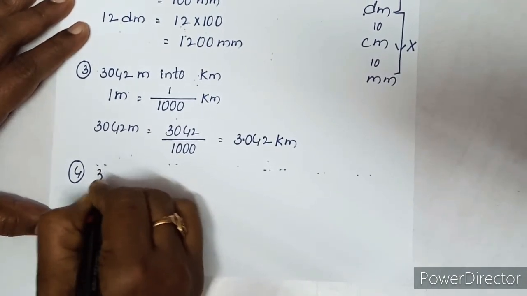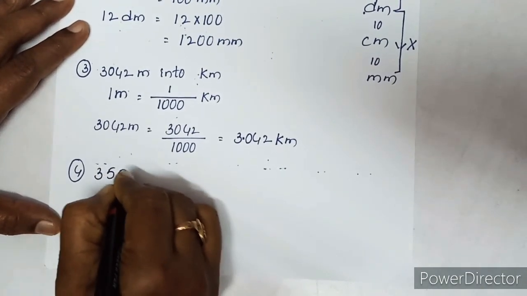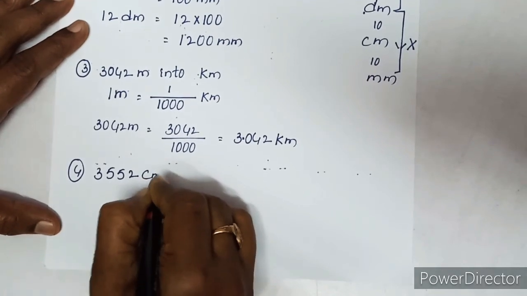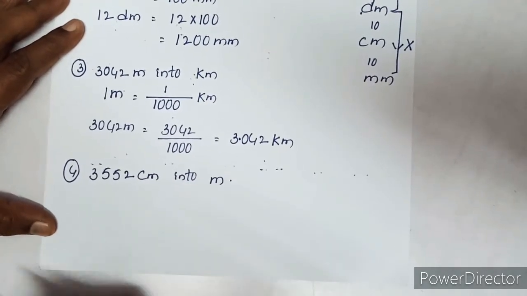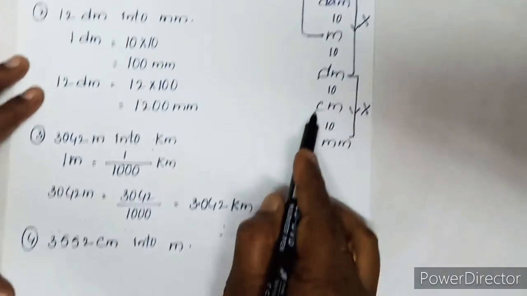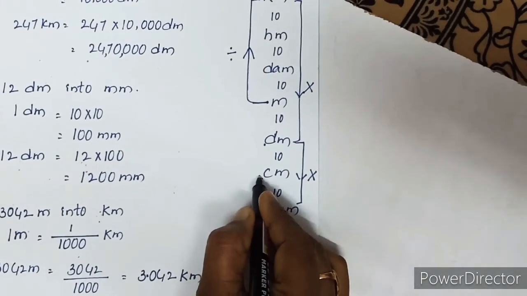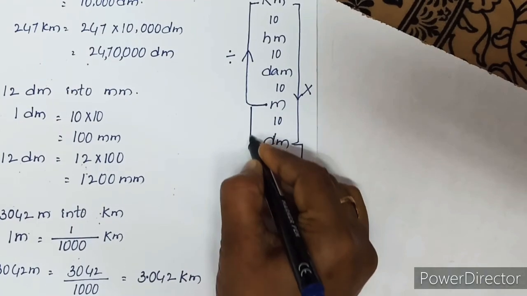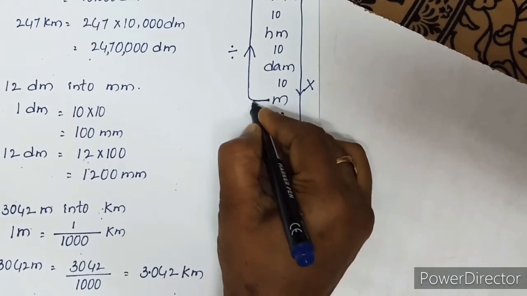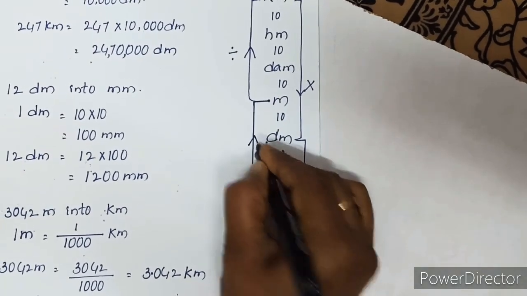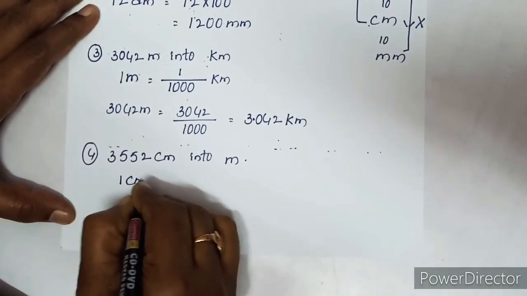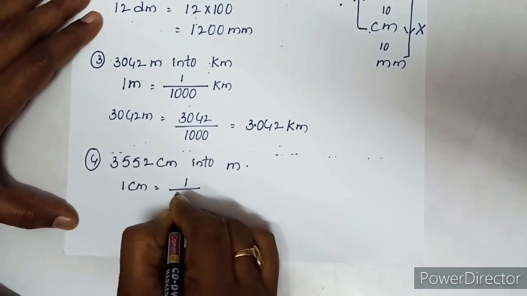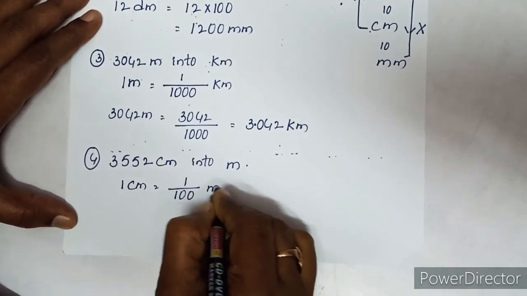Now one more example, just see. Convert 3552 centimeters into meters. Now where is centimeter? Where is meter? See in this order, centimeter is here and meter is here. We are moving 2 steps in the upward direction. 1, 2. So first write 1 centimeter is equal to 1 by 100 meters.